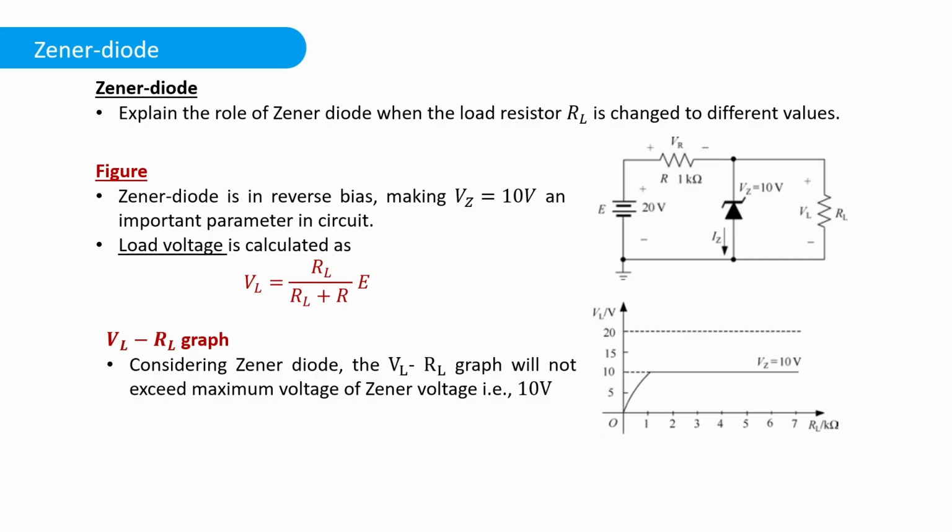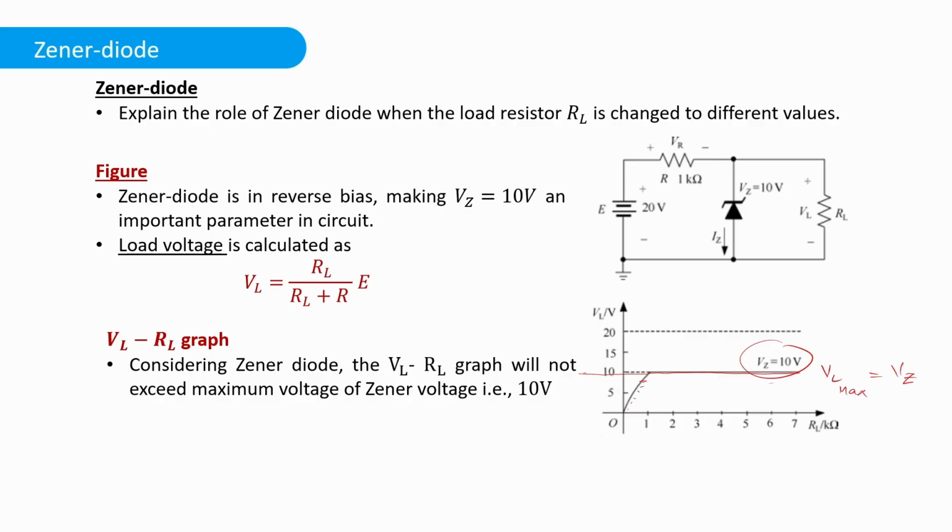In this slide, you can see when Zener voltage is reached, which is 10 volts, our graph will be linear and load voltage will not cross this 10 volts. So load voltage maximum will be Zener voltage. Minimum it can be some value over here.